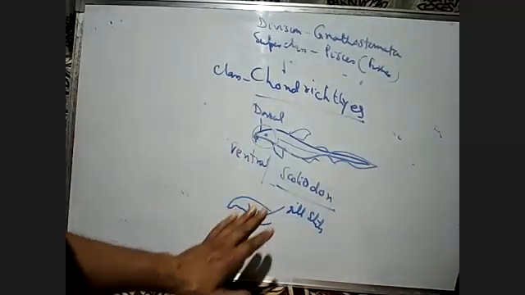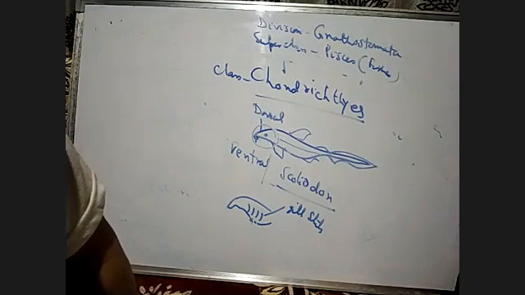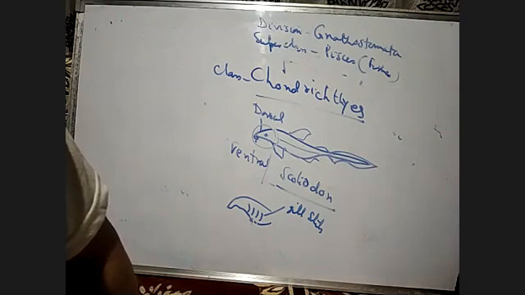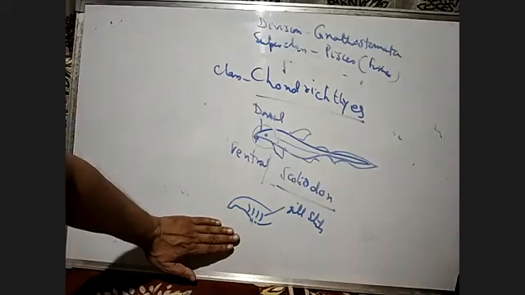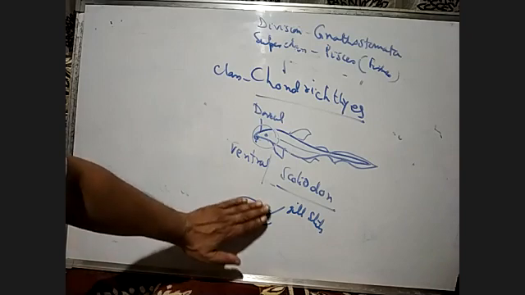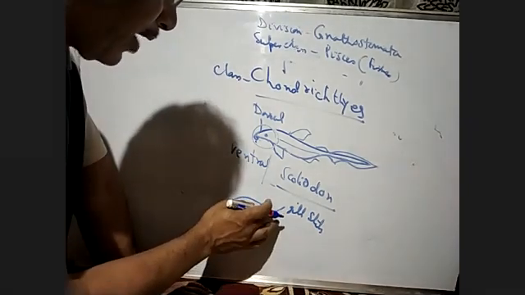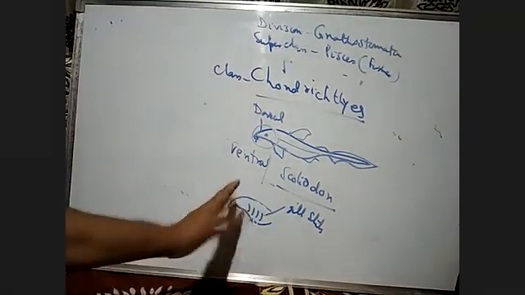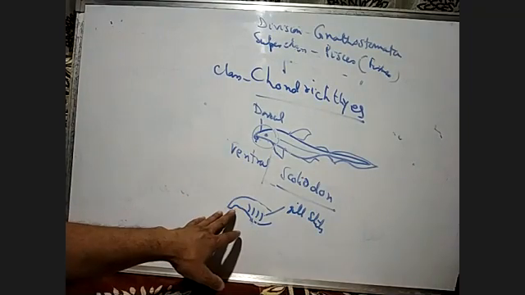If you go to the market and buy a rohu fish, you see the gills are covered by a gill cover at the top. That's called the operculum. But in Chondrichthyes, the gill cover is absent, and the gills are exposed outside. The gill slits are separate and without operculum.